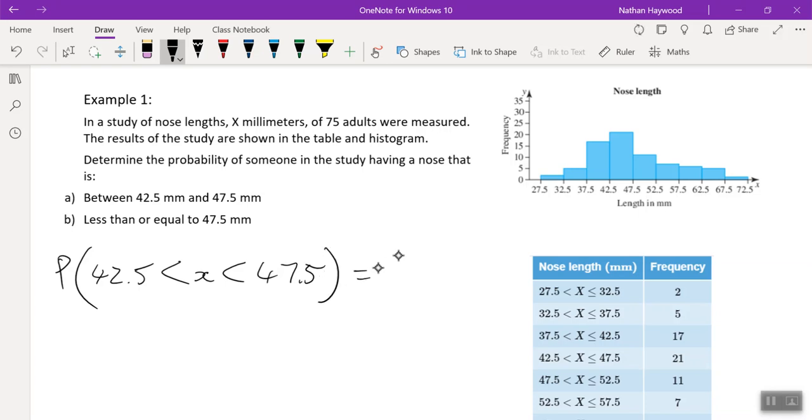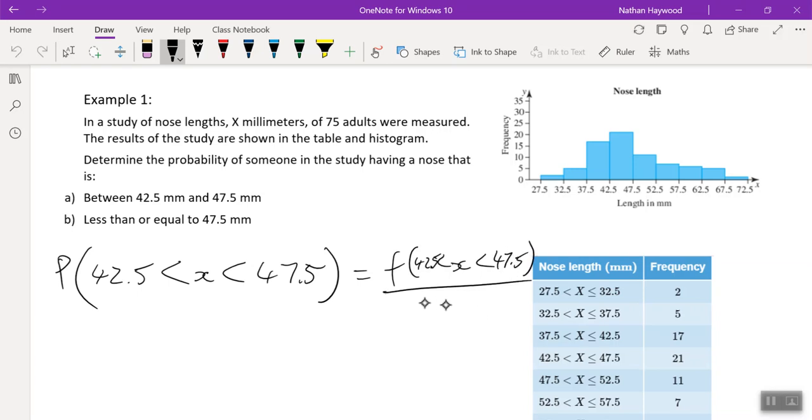There was 21 that had that many. Probability of the thing we're trying to chase, x, between these two is the frequency of x between these two. So that's what the little f means, frequency.